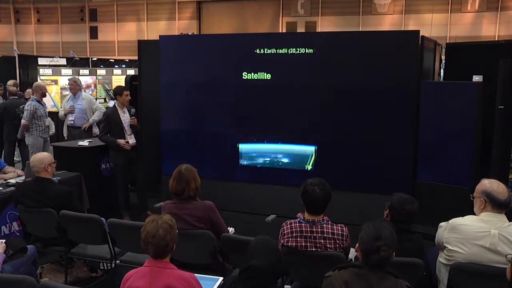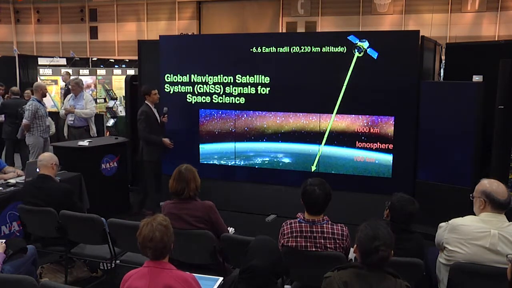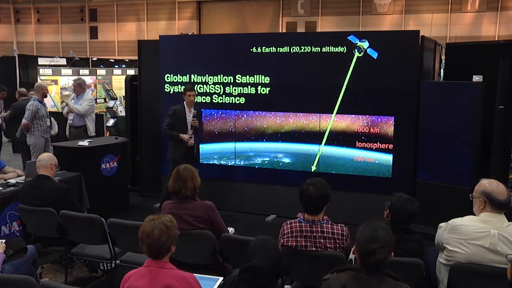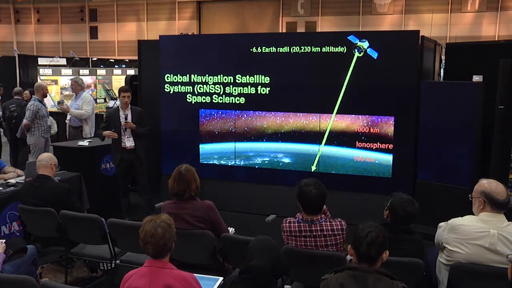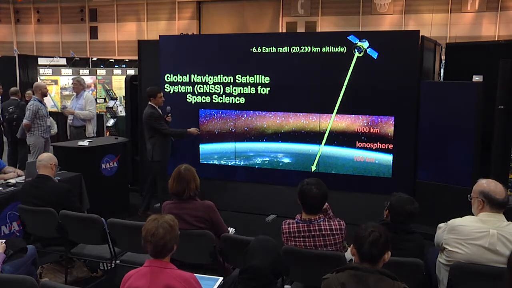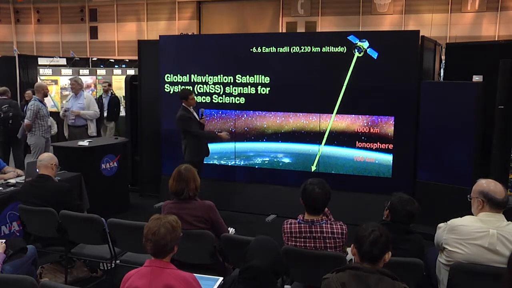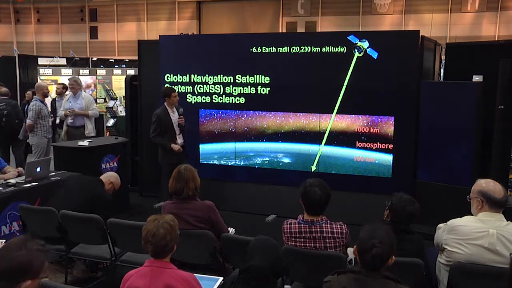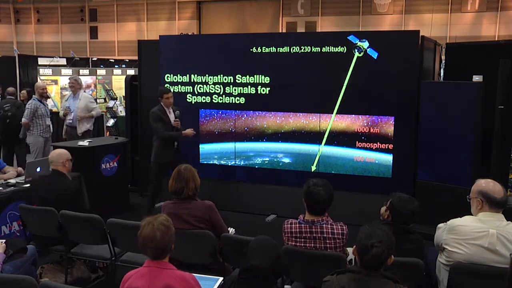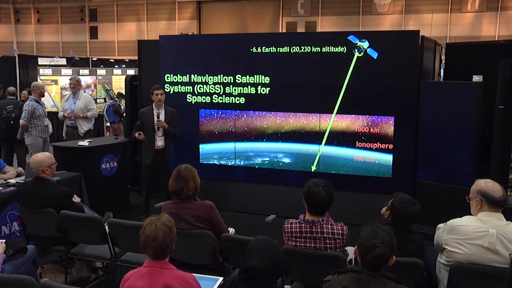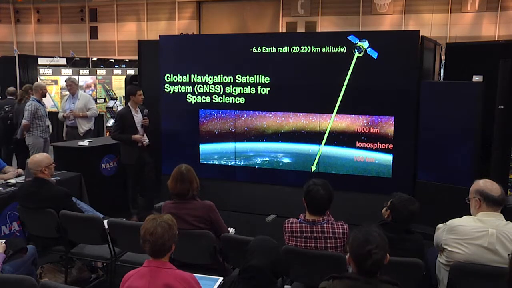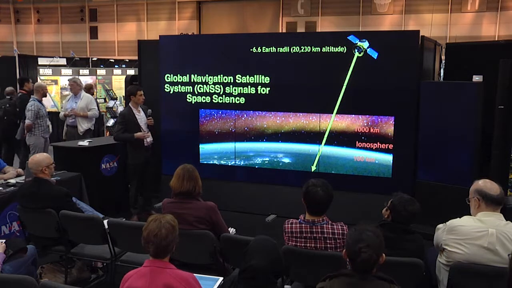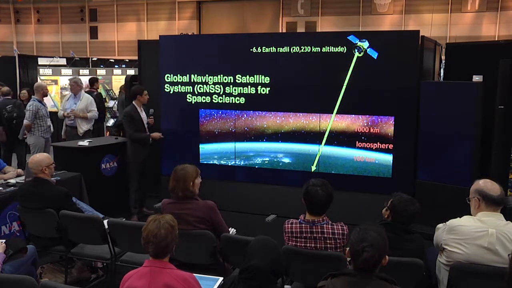And just to introduce that, essentially, if you take a GPS satellite, the radio signals that are propagating from the GPS satellite to the Earth and back are passing through the ionosphere on each of those transits. And the important thing is we can use those signals to back out information about the ionosphere and about the space weather system and really start to study this system in a much more wide-ranging view.